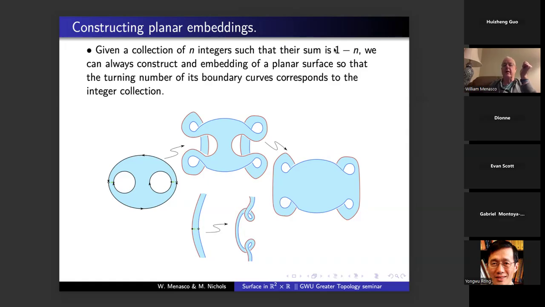So I can actually take any integers for a planar surface that has n boundary components, and if they sum up to n minus 1, then I'm good. Any n integers like that, we can always construct a planar surface with that turning number.